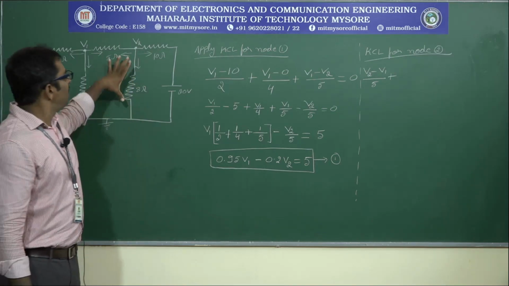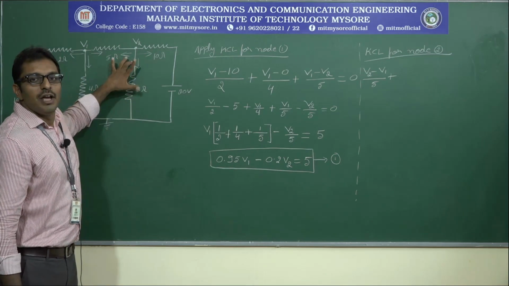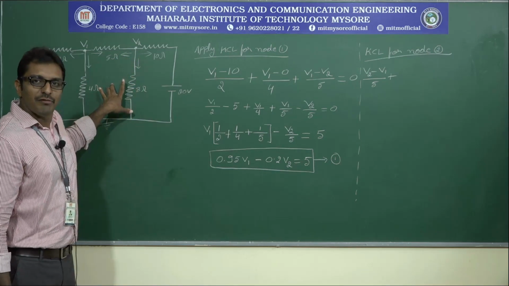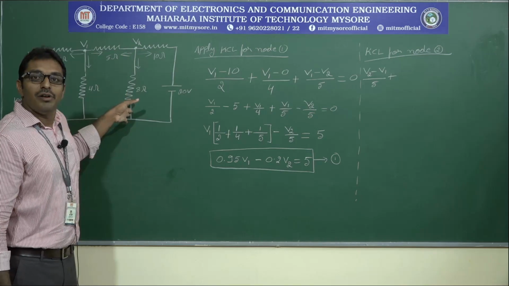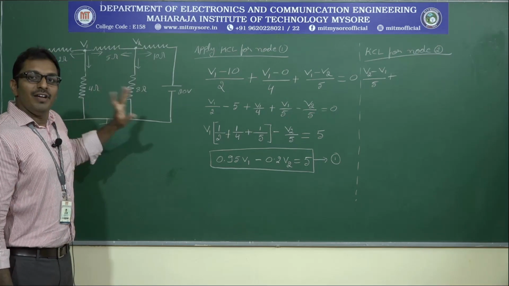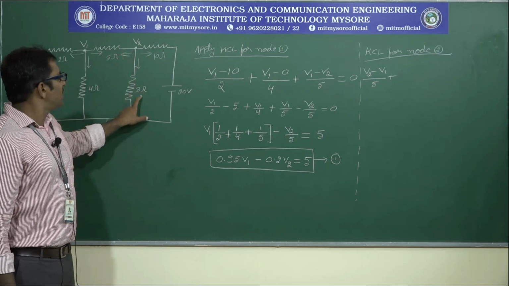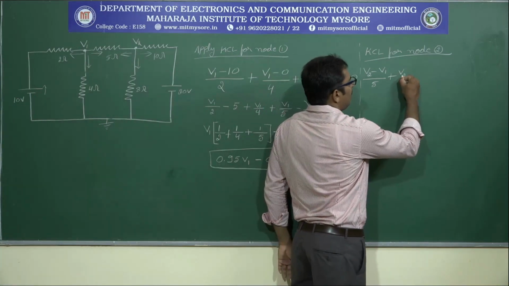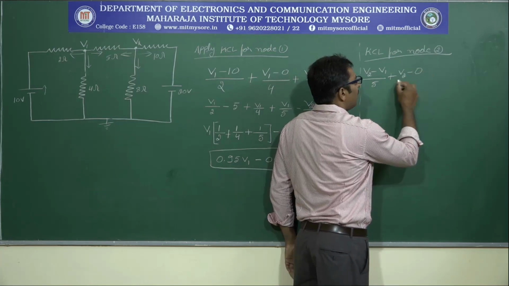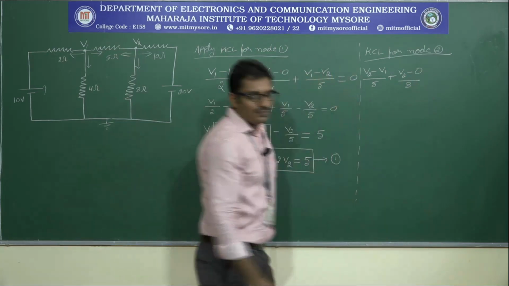So anyhow, the potential difference between these two terminals is V2 minus 0, that is nothing but V2. By Ohm's law, I is equal to V divided by R. V is nothing but V2, R is equal to 8 ohm. That's why V2, let me write 0 also, divided by 8.